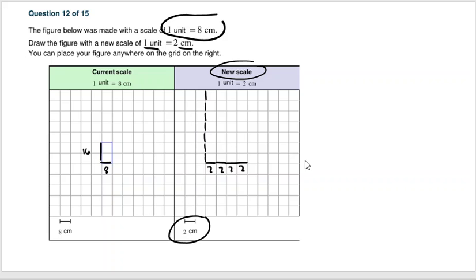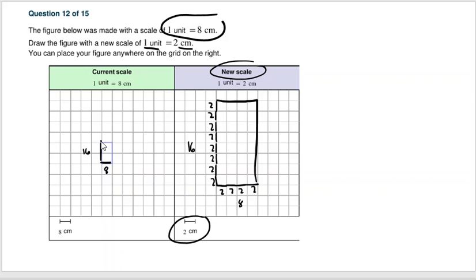Oh, shoot. Sorry, I'm going to have to erase this. Hold on, let me fix this for you. Okay, sorry about that. I didn't leave enough space. So 2, 4, 6, 8, 10, 12, 14, 16. There we go. And then remember, on our new scale, 1 unit equals 2, right?